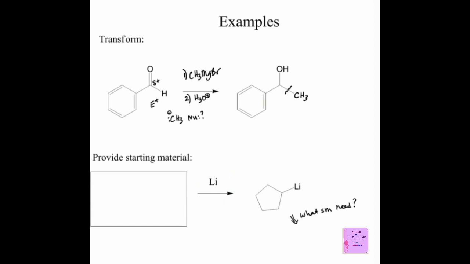What did that lithium metal react with? Well, what did we need in that position? We needed a halogen of some kind. So we need an RX to go to an alkyllithium or a Grignard reagent too. You can pick any halide you want, bromide, chloride, iodide. They would all be a good example.